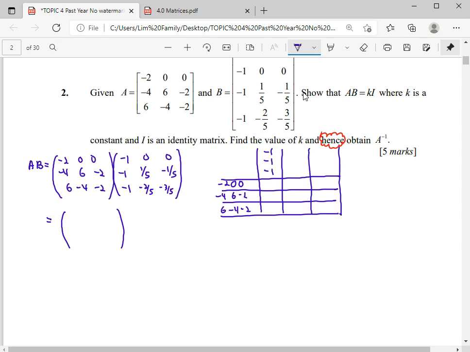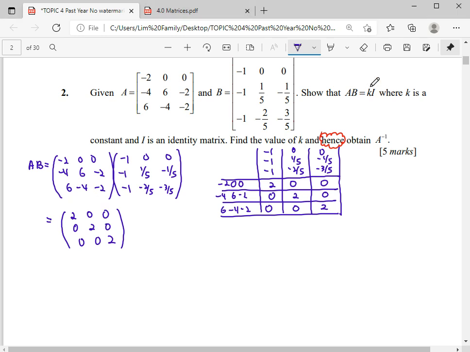First column, second column, and then third column. Okay, so we can get the answer like this. So we get the answer here, 2, 0, 0, 0.